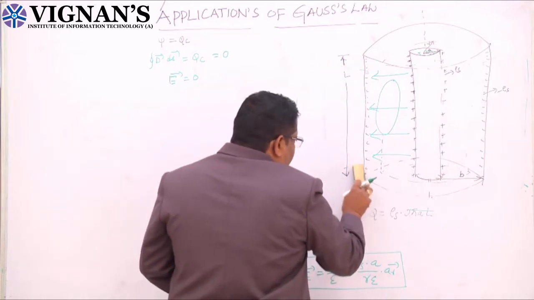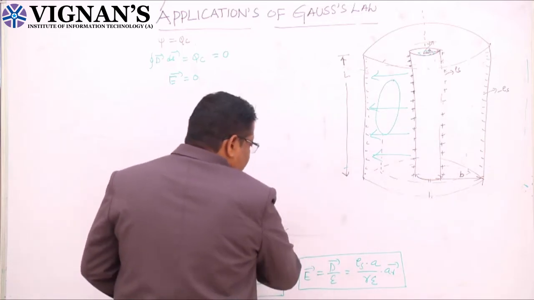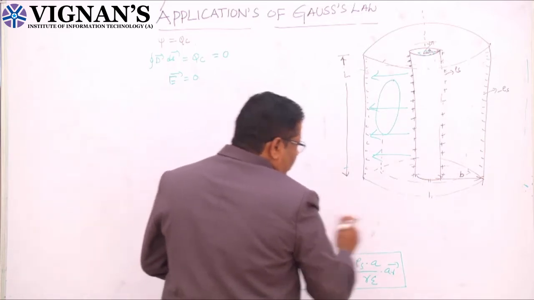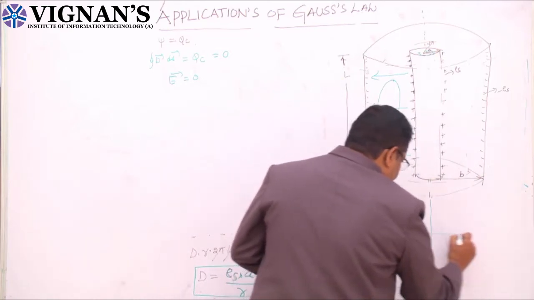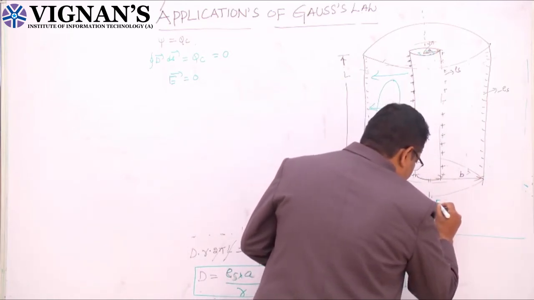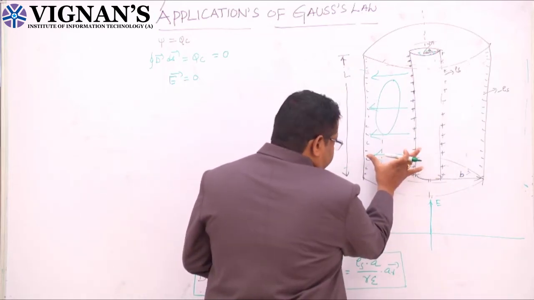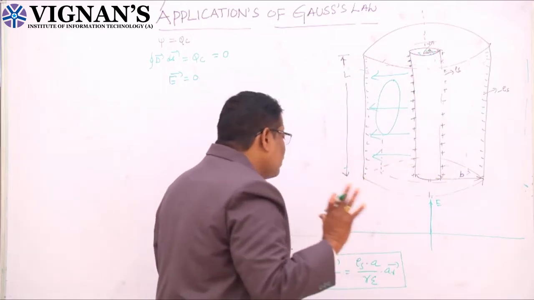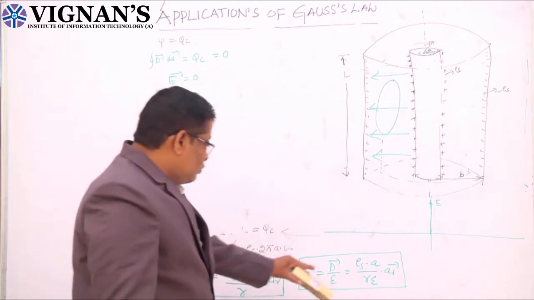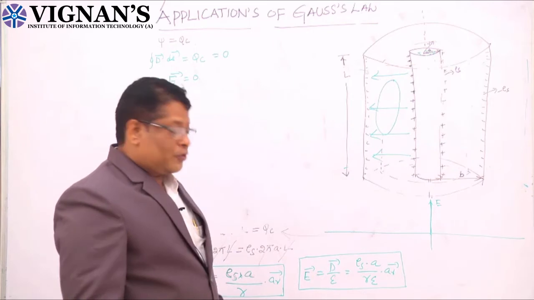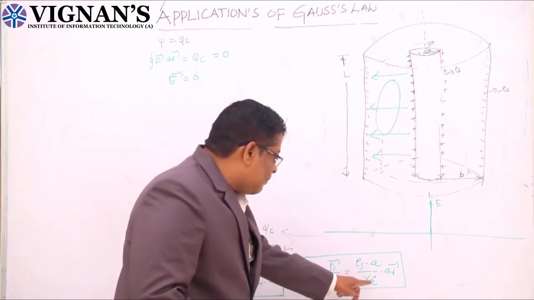Now, if we draw the variation of the electric field intensity, this is E. The electric field intensity exists only between the inner and outer conductor, and it is inversely proportional. E bar equals D bar by epsilon, that is rho s A by R epsilon.